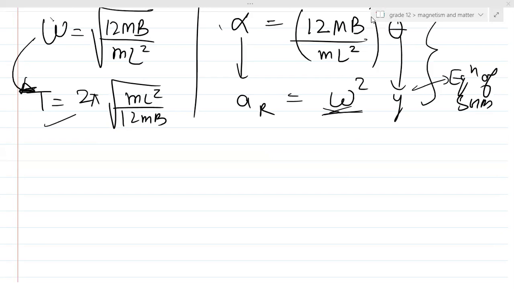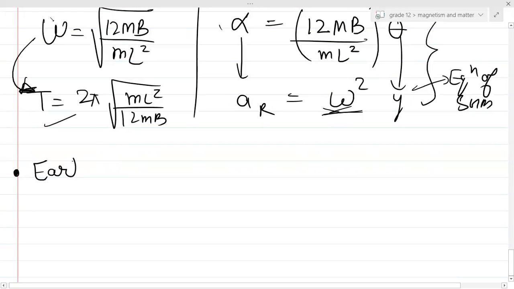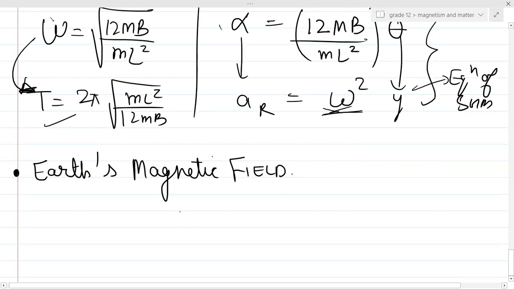Hello, OVA. Hello. Anyways, give the next heading. Earth's magnetic field, also called geomagnetic.